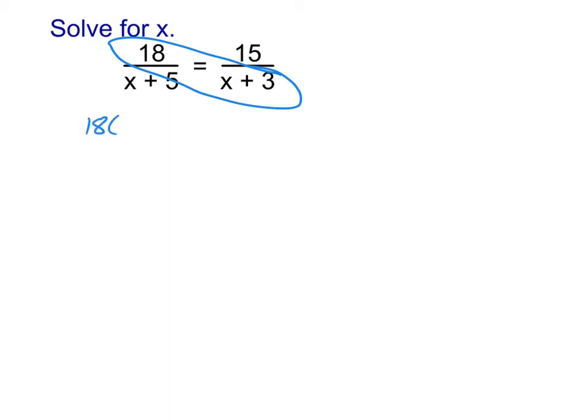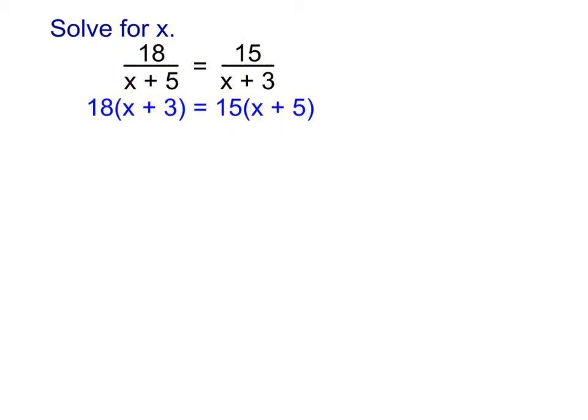We're distributing, so it's going to be 18 times x plus 3 like that. And then when we cross multiply going the other direction, that would be 15 times the x plus 5. So really, this is our first step. And then we need to actually distribute the 18 into its parentheses and the 15 into its parentheses.